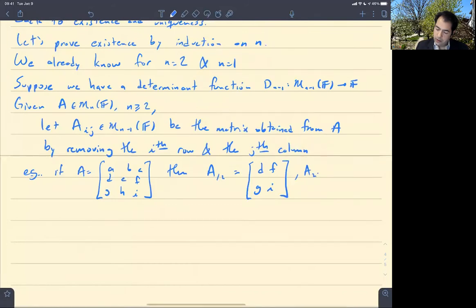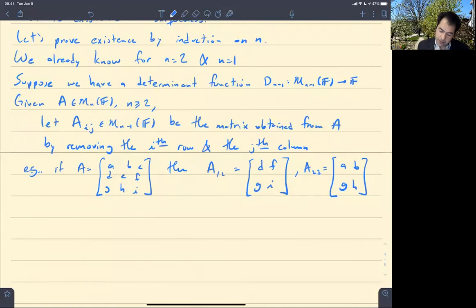If we did A_2,3, then you would remove the second row and the third column. You have A, B, G, H. Okay, so that's a way of getting n minus 1 by n minus 1 square matrices from a matrix of size n.